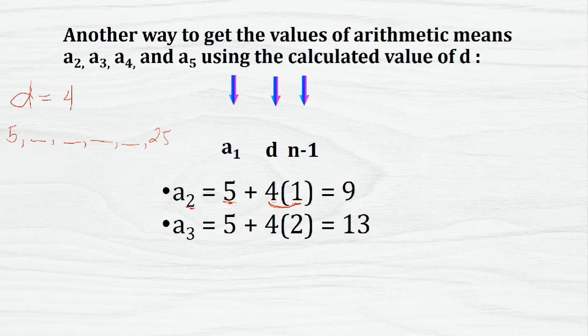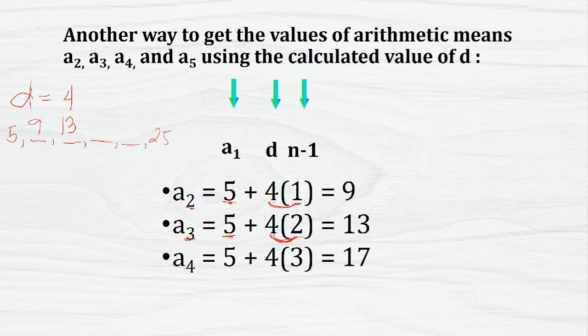And then, for the second, this is 9 here. For the second arithmetic mean, or the third term, okay, that's the third term, right? So, a sub 3, and then first term is 5, plus 4, 3 minus 1 is 2. Then, 4 times 2 is 8, 8 plus 5 is 13. So, the second arithmetic mean, or the third term, is 13.